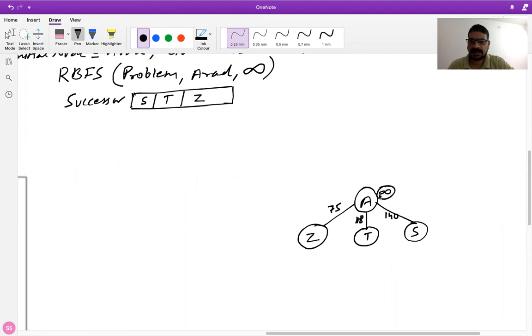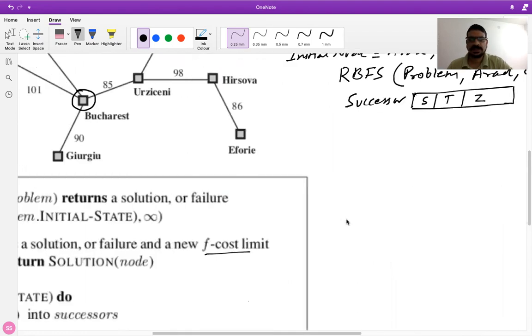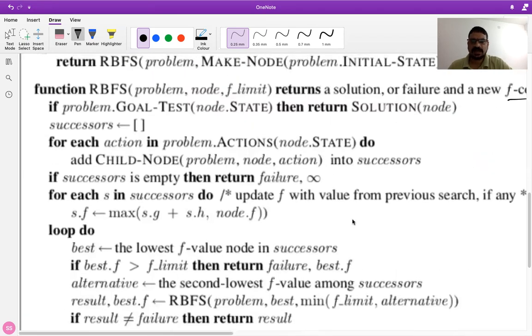Initially it is infinite for Arad. I'll consider the f value of the previous node and, based on that, calculate the f value of each successor.